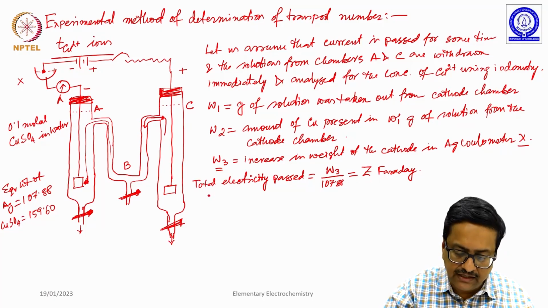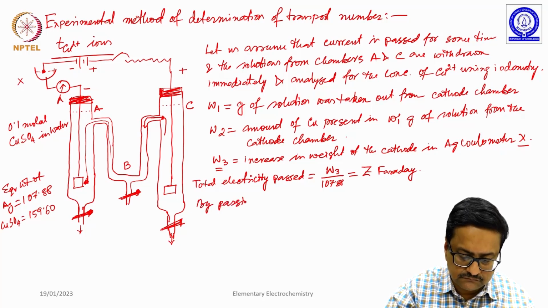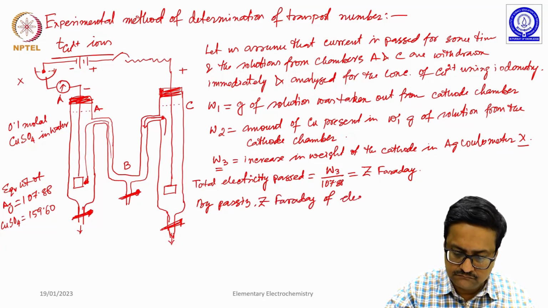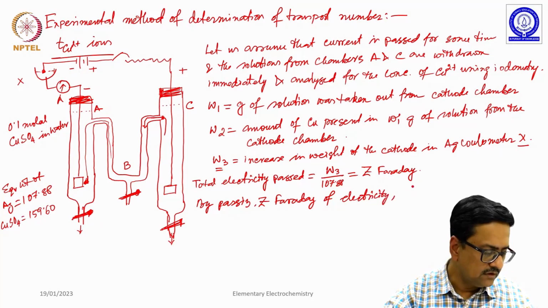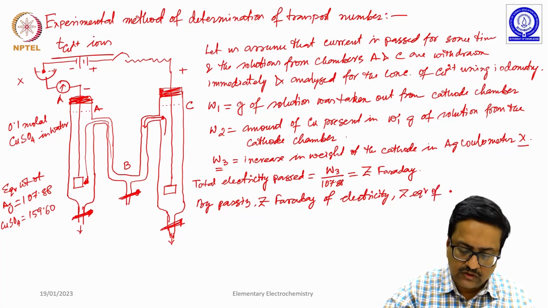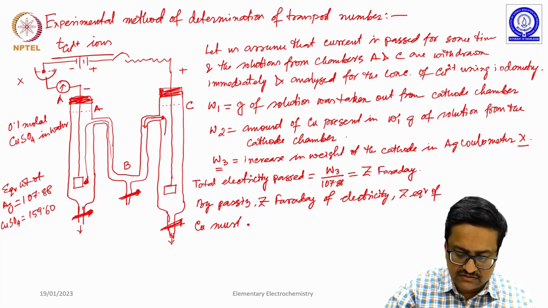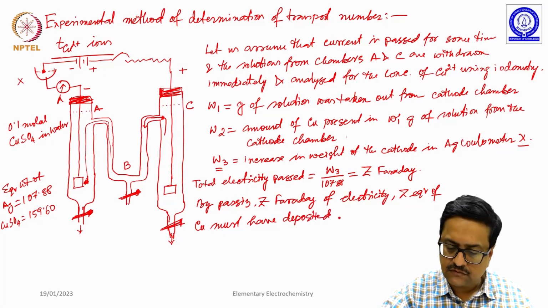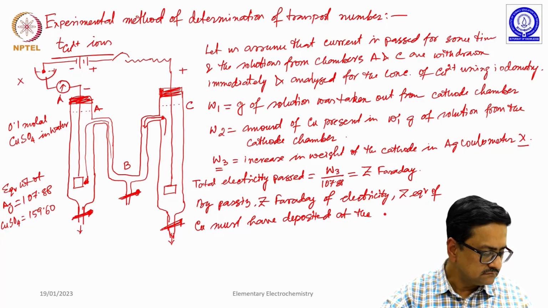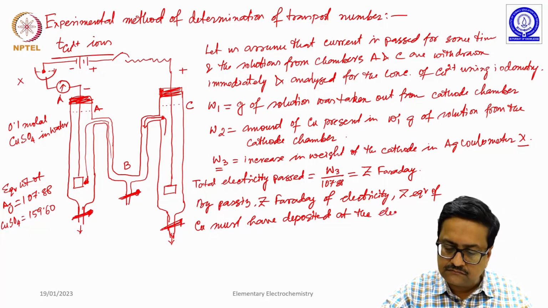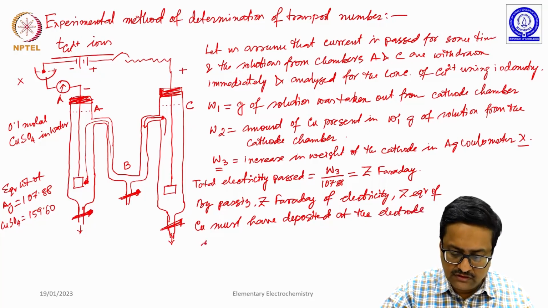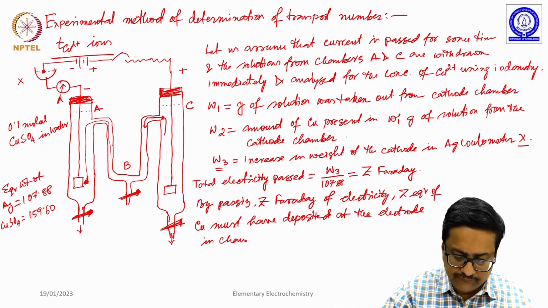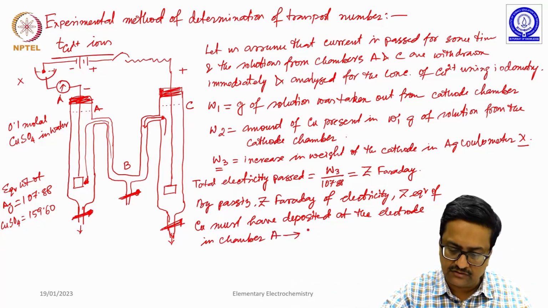So, by passing Z Faradays of electricity, Z equivalents of copper must have deposited at the electrode in chamber A. This is Faraday's law, right?